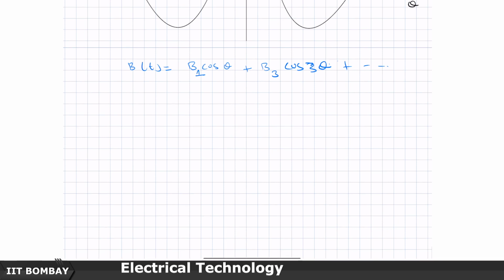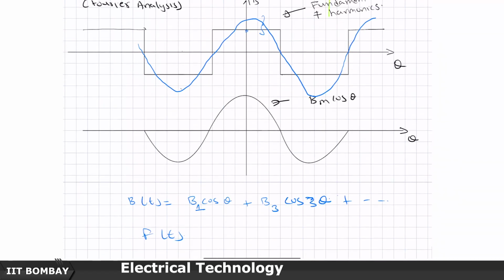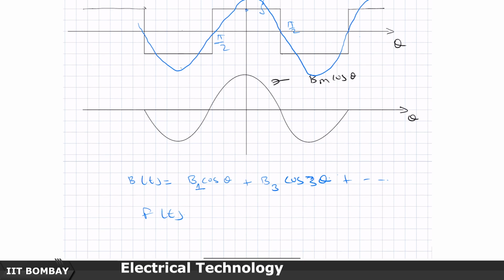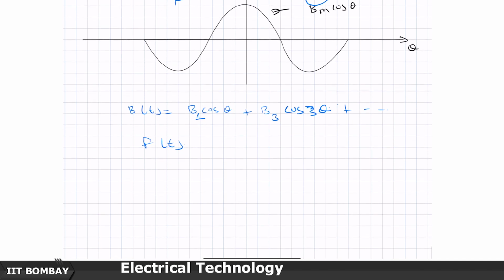In general, if a waveform is periodic, like this has a period of 2 pi, this is pi by 2, this is minus pi by 2, this is exactly one time period, and then this will be pi, and then this will be minus pi. So, this covers one time period of it.